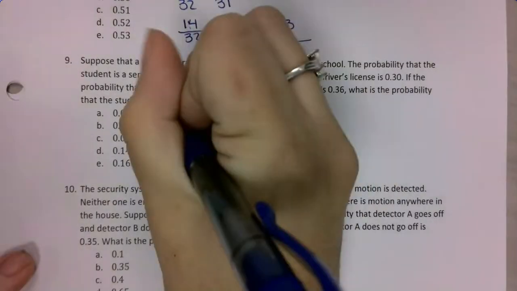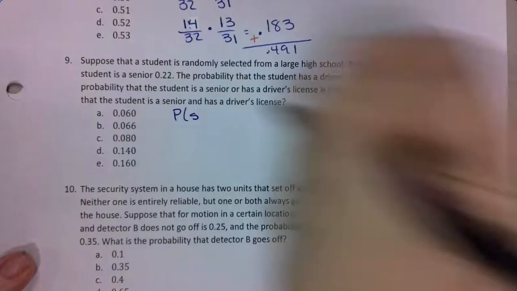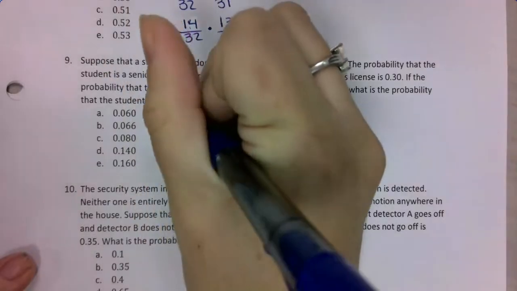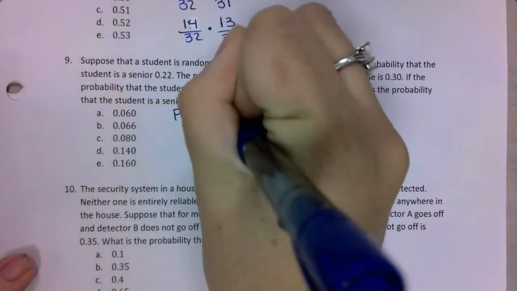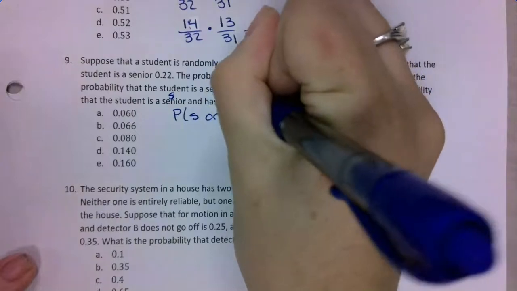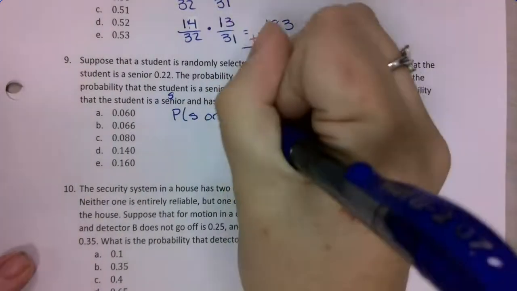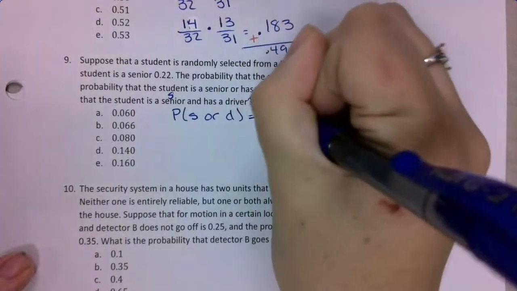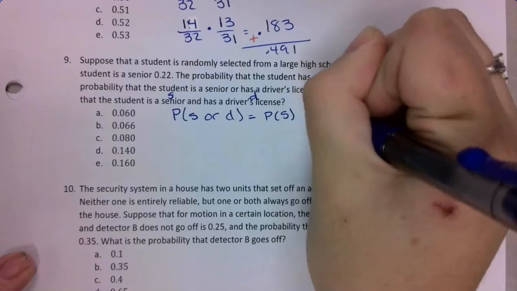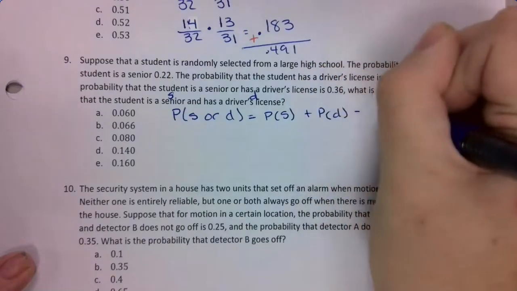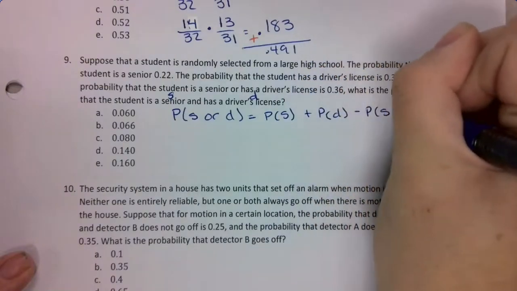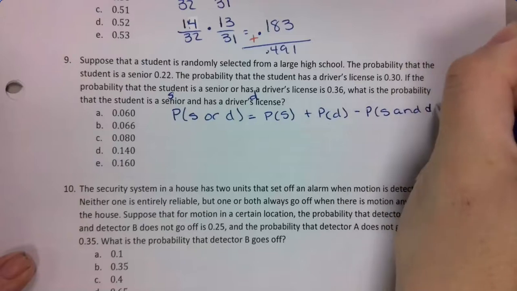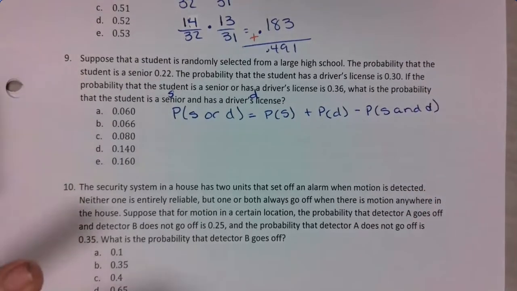I know that I'm going to use S for senior and D for driver's license. Okay, so the probability of S or D is found by taking the probability of S, adding the probability of D, and then subtracting the probability of S and D. So I want to replace those probabilities with what I know.